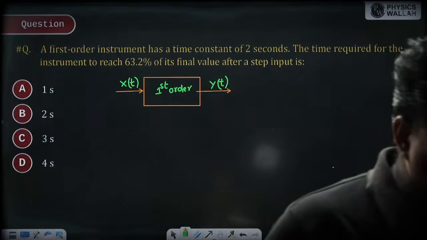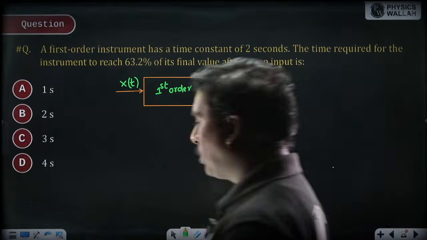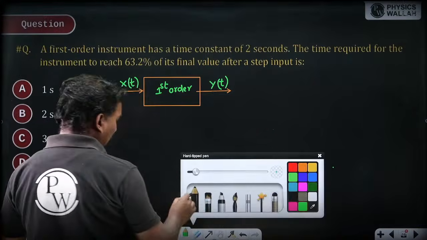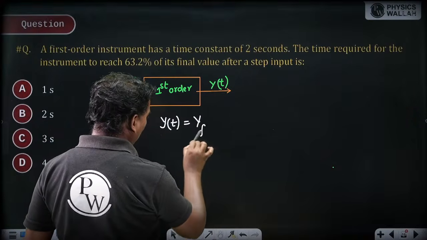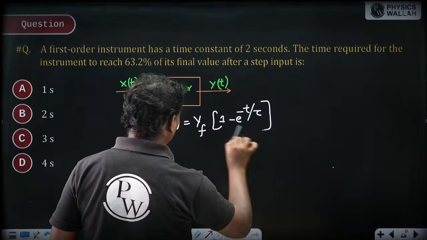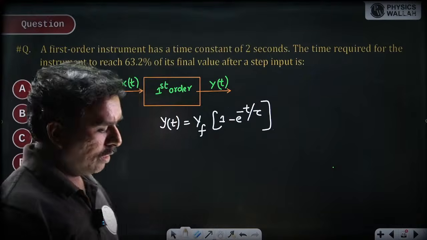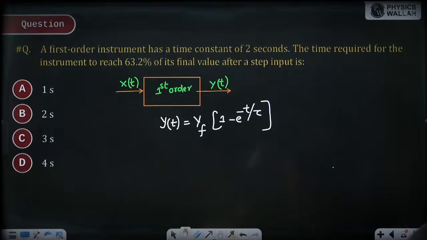Y of t is equal to the final steady state value into 1 minus e power minus t by tau. So he is telling that the y of t is equal to what? Tau he has given as how much?